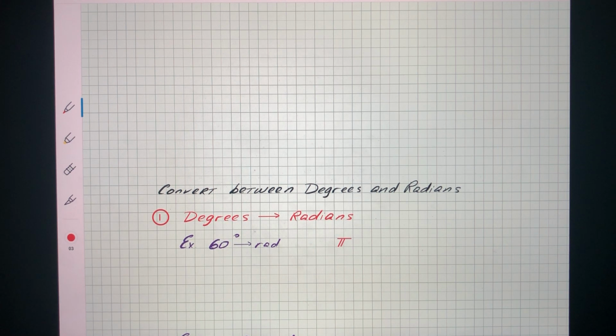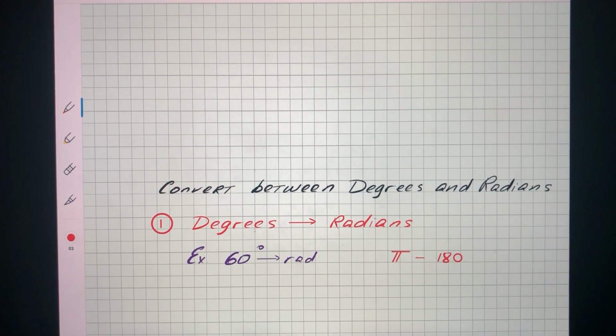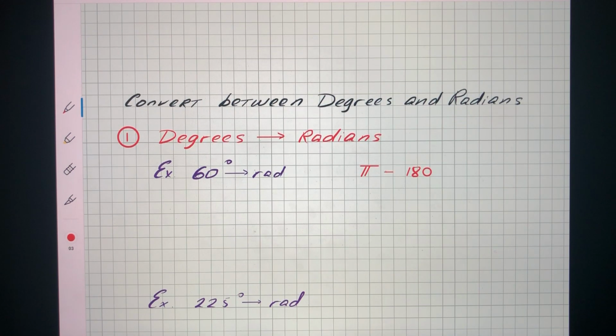Using this fact, we can set up what's known as a proportion. We arrange radians under radians and degrees under degrees, so pi is in radians and 180 is in degrees.